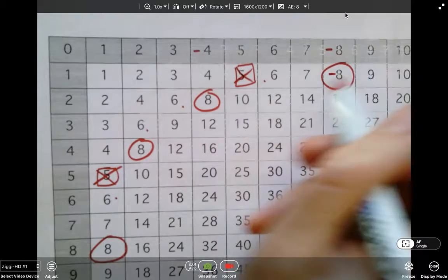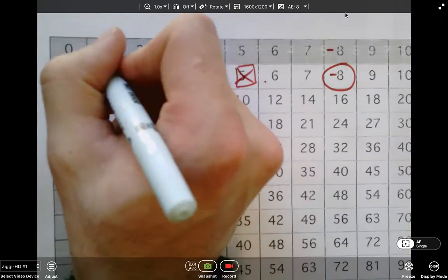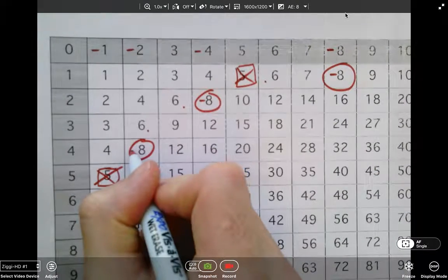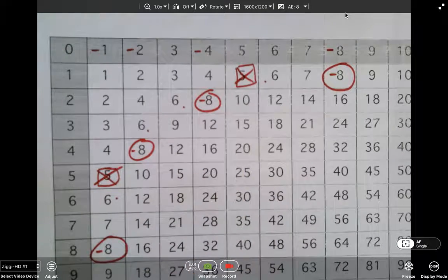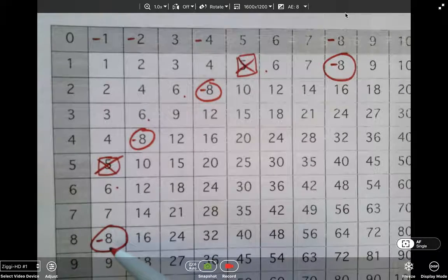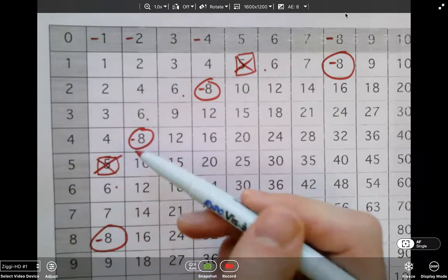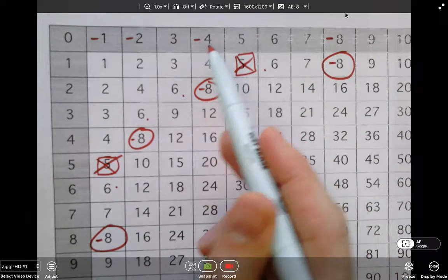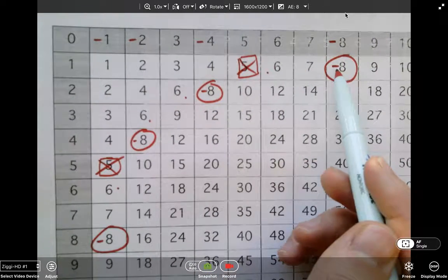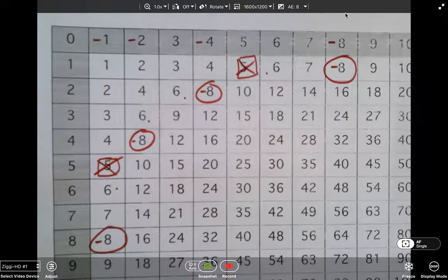Okay, that works out because negative 1 times positive 8 is negative 8, negative 2 times positive 4 is negative 8, negative 4 times 2 is negative 8, negative 8 and 1 also gives us negative 8. And again, you guys should have this one with all the negatives on it. I just didn't, so I'm making a bootleg version of it.